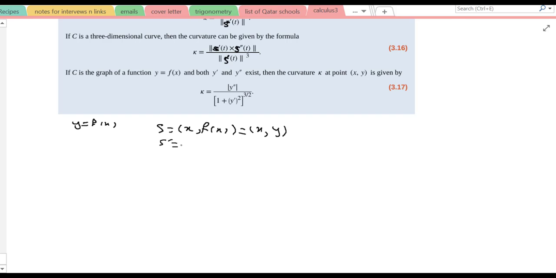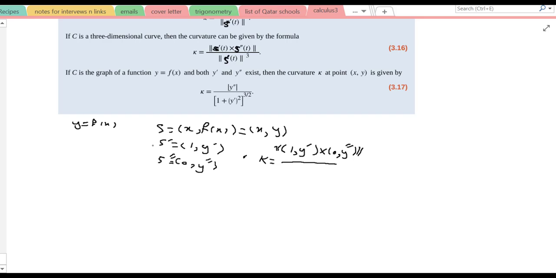So r' will be equal to (1, y'), and r'' will be equal to (0, y''), the derivative of 1 is 0 and the derivative of y' is y''. And then kappa is equal to the norm of the cross product of r' and r''. So we have the cross product of this one, the norm of this over the norm of r' cubed.